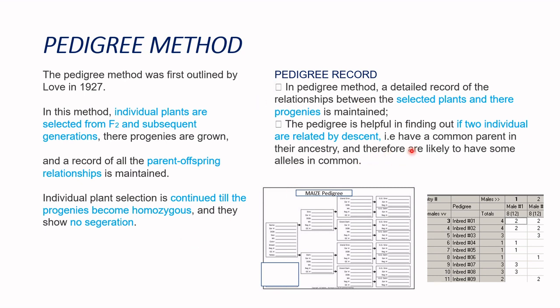In the pedigree record, we have to maintain data such as the plant height and the accession number of the selected plants, of each and every individual plant of each and every segregating generation.